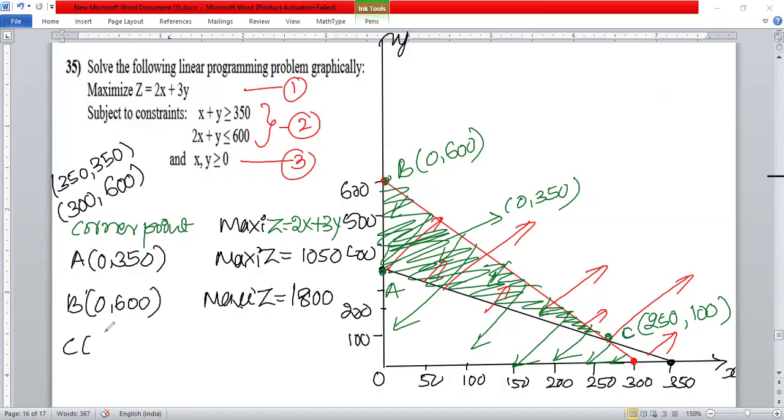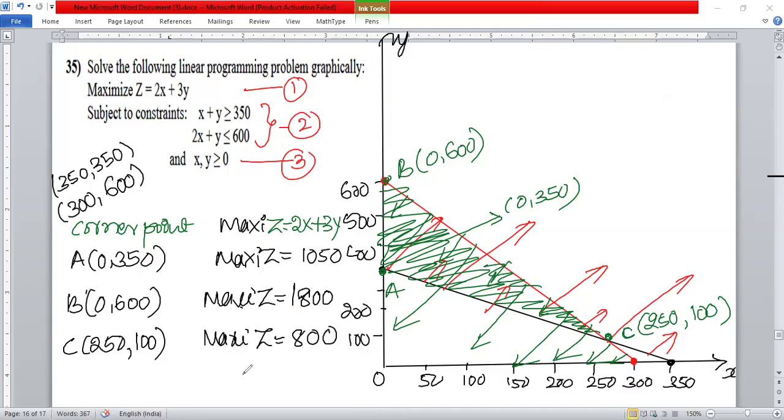C corner point 250, 100. So maximize that is equal to 2 into 250 plus 3 into 100, so 800.